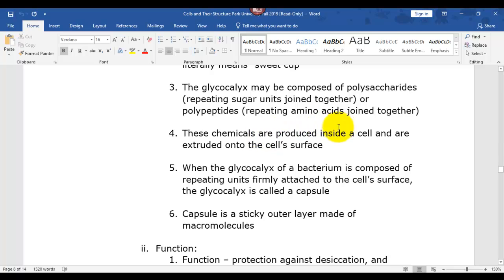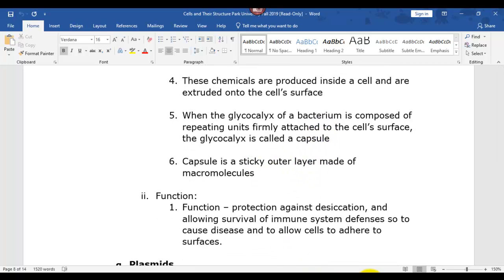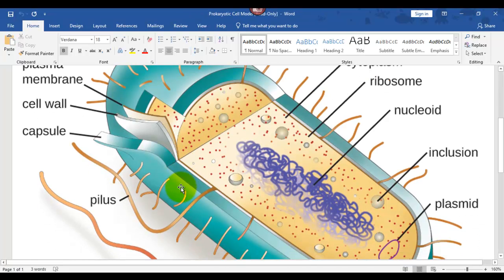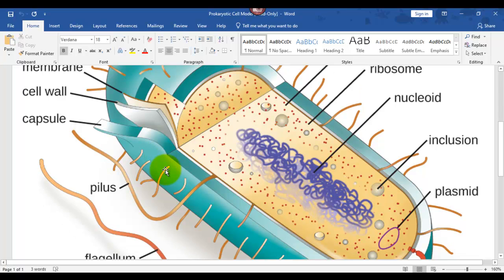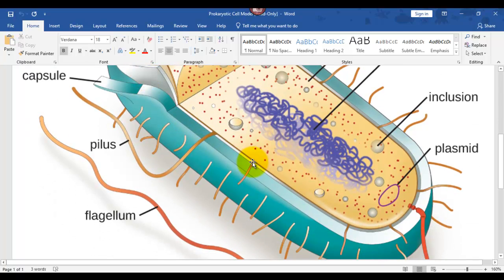These chemicals are produced inside a cell and are extruded onto the cell surface so they can make a capsule. It's like a sticky outer layer. This one happens to have a capsule. What's unique about bacteria: if you mix bacteria that do not have a capsule in the same test tube with bacteria that do, pretty soon they will all have a capsule. It's usually beneficial to them.